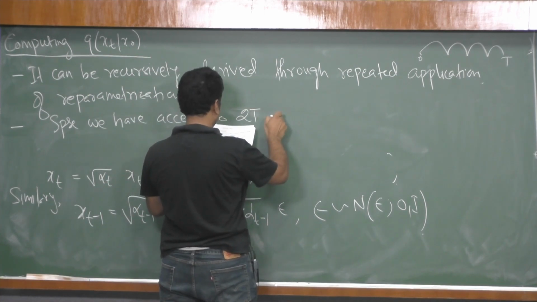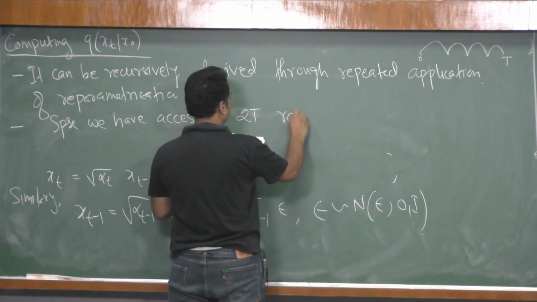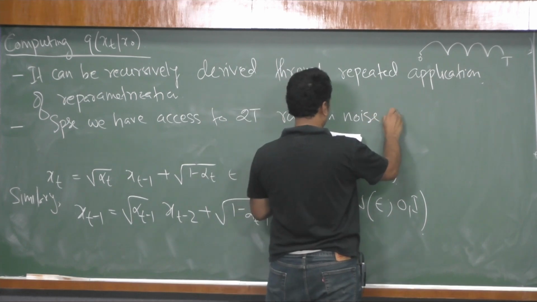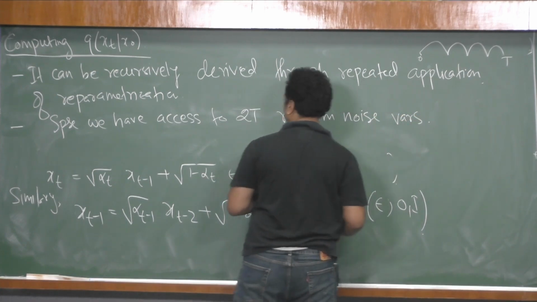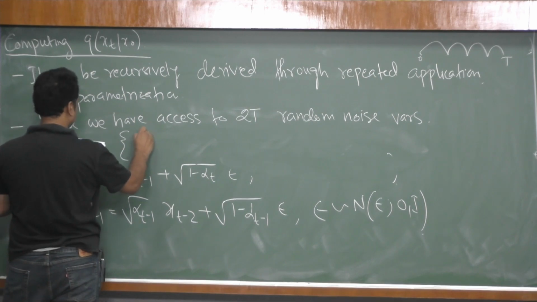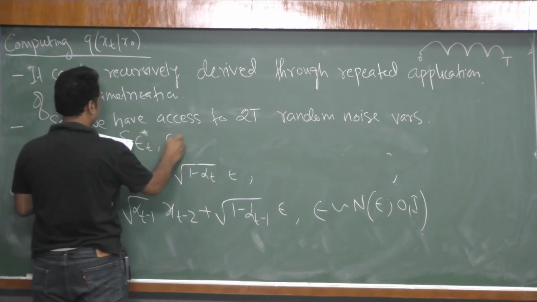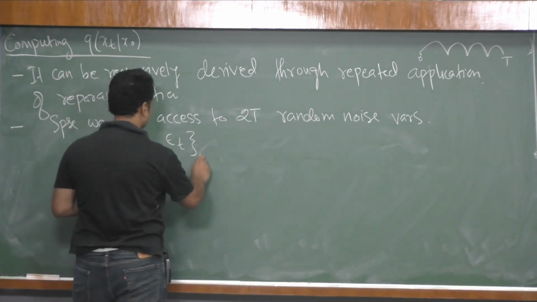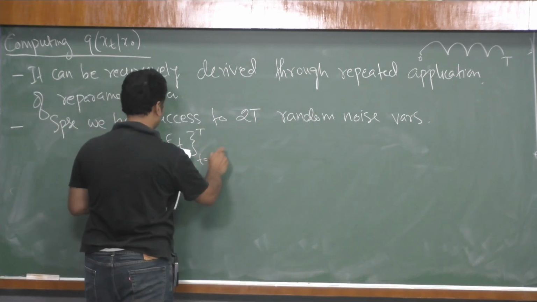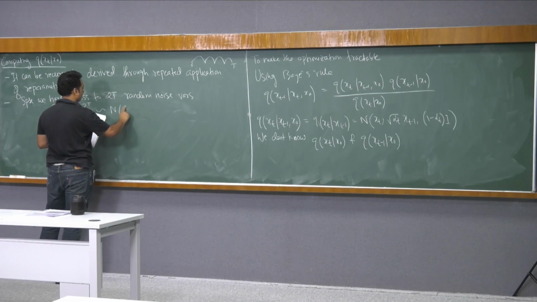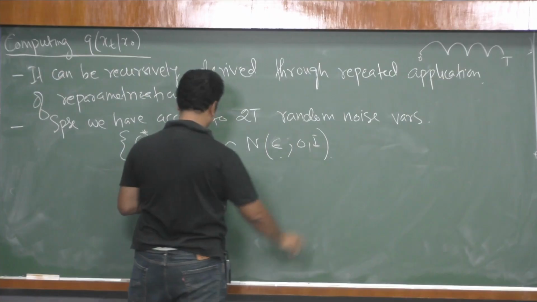So capital T random noise vector variables, and let us call them epsilon star t and epsilon t. These are for t equals 0 to T, and they all come from standard normal.